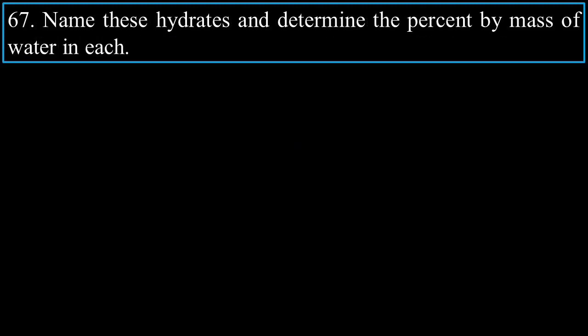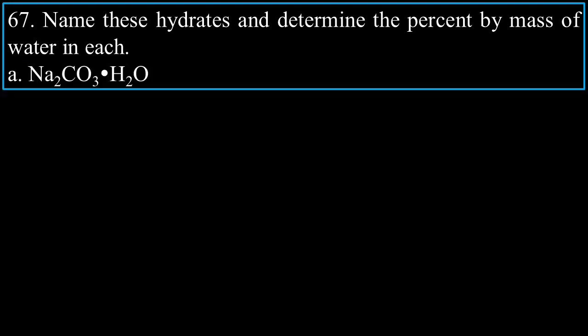Name these hydrates and determine the percent by mass of water in each. This is going to be Na2CO3 dot H2O. That's going to be sodium carbonate monohydrate. Now just remember, I'm going to say this once more.